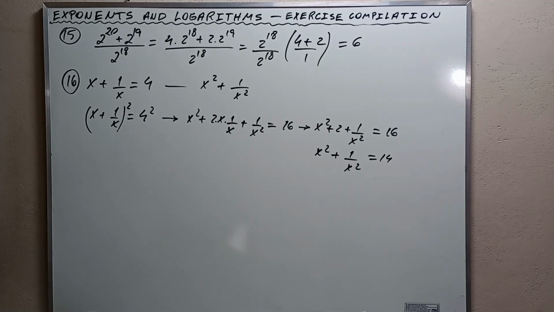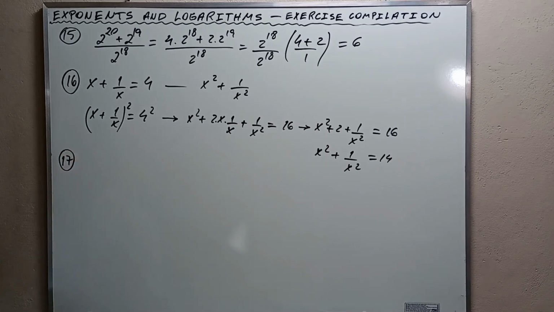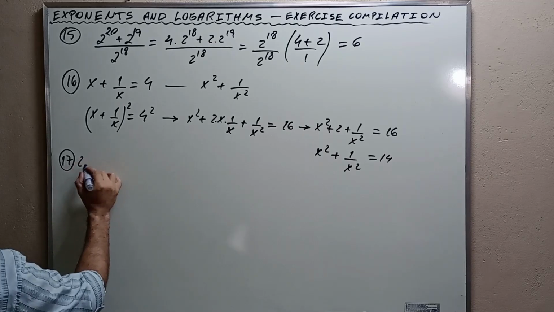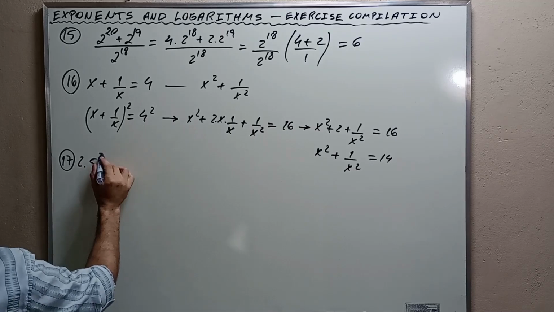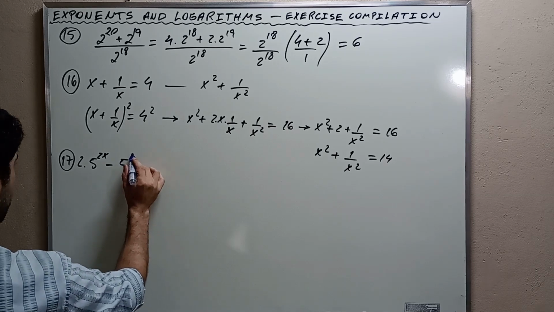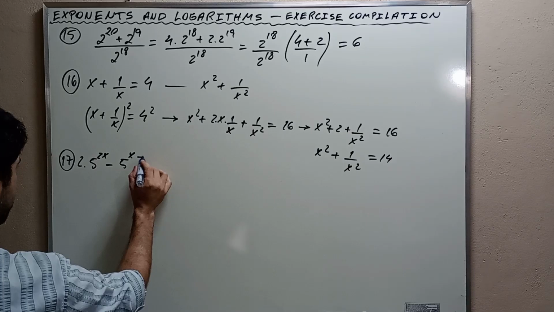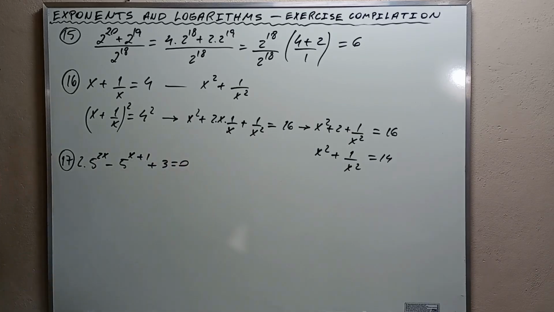Okay? And exercise 17 now. What is the integer solution of the equation 2 times 5 raised to the power of 2x minus 5 raised to the power of x plus 1 plus 3 equal to 0?